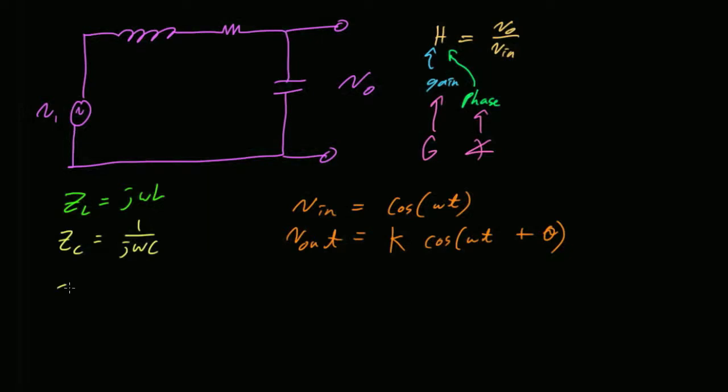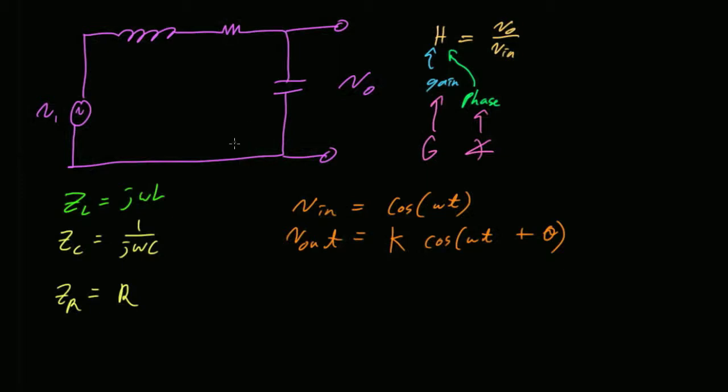Alright. So since these are all in series, what's my first step? Does anybody want to help? What should I do? Now that I've written this, how do I start getting it into a transfer function? Into an expression in terms of V out and V in?